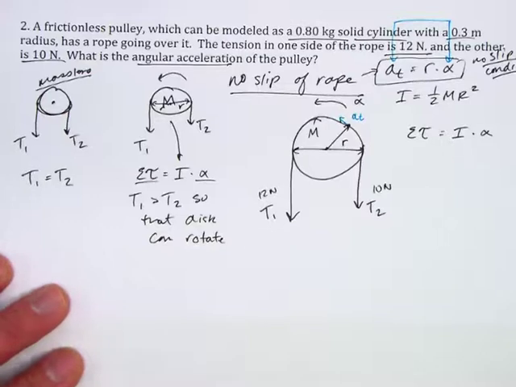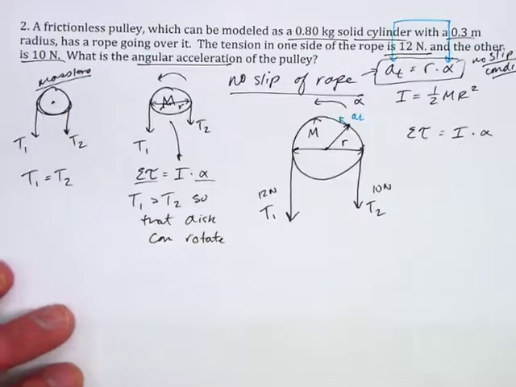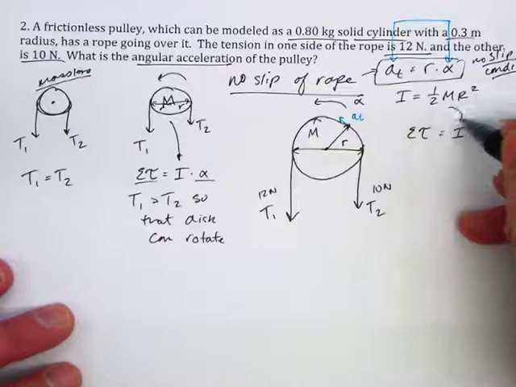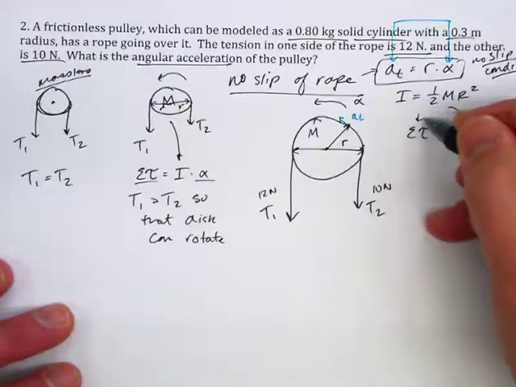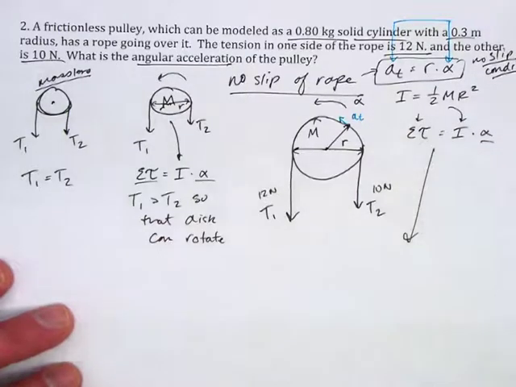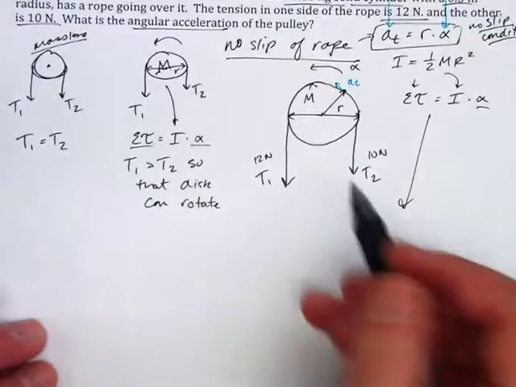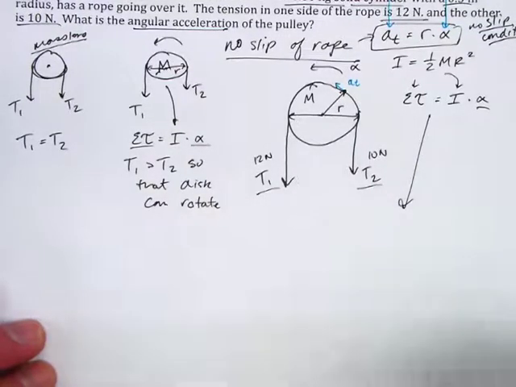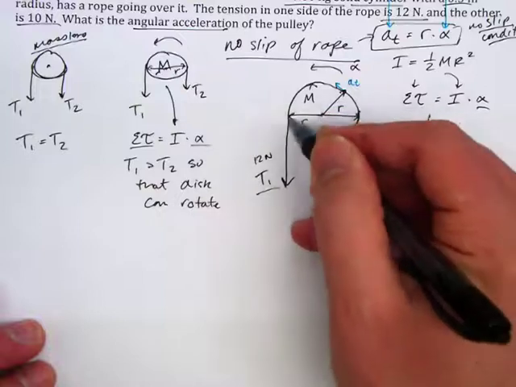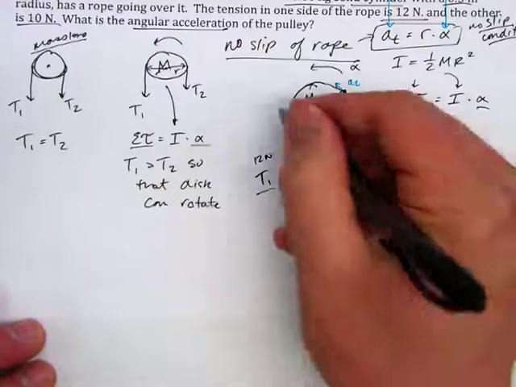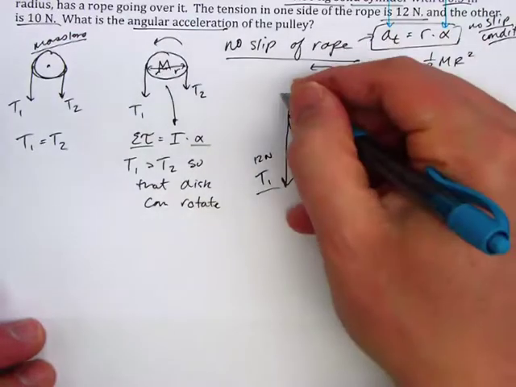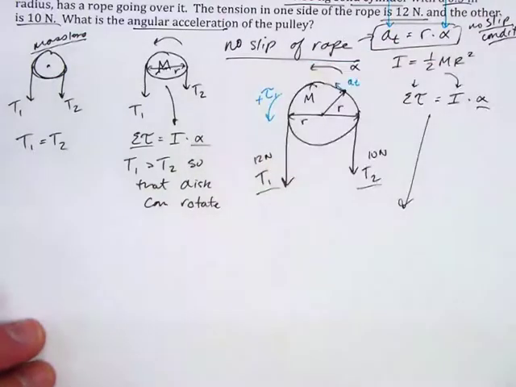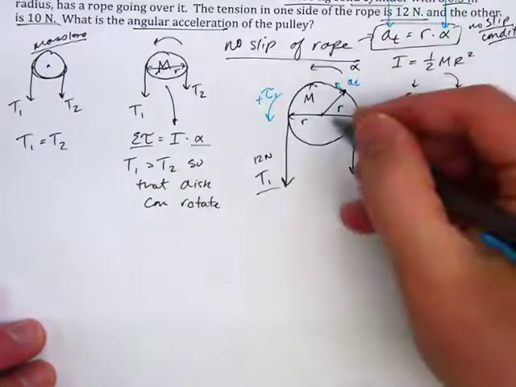All right, at this point, we want to find alpha, so we need to find I, and we need to find the net torque. So I'm going to bring this down here where we have some room. The net torque will be the torque exerted by force 1 and the torque exerted by force 2. If this is my disc of radius r, T1 is going to exert a counterclockwise positive torque, plus T1, about the axis of rotation.